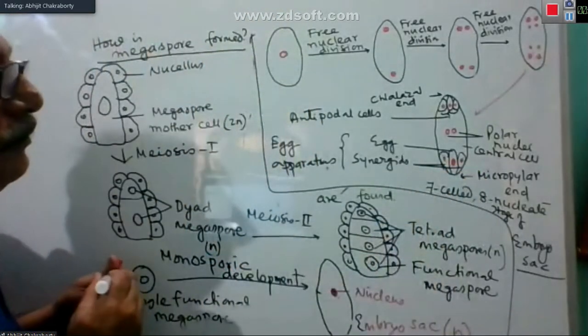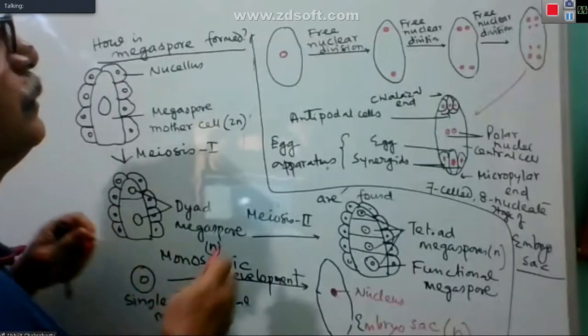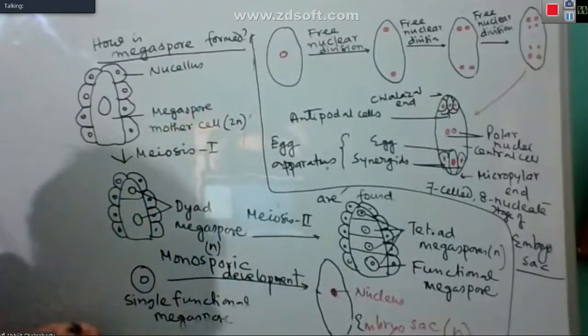These 2 cells are these 2, this one and this one. Are you getting me? Okay, I'm showing you again. Suppose I'm rubbing this part.